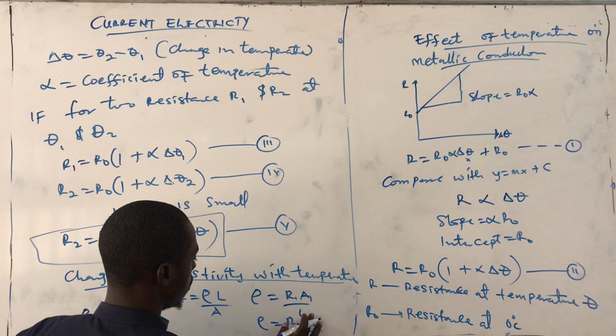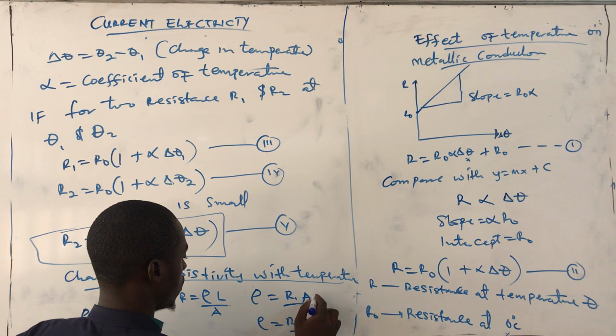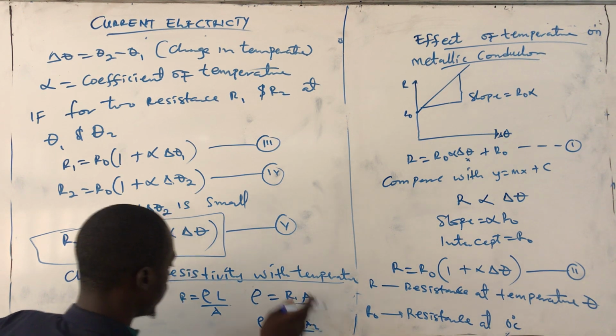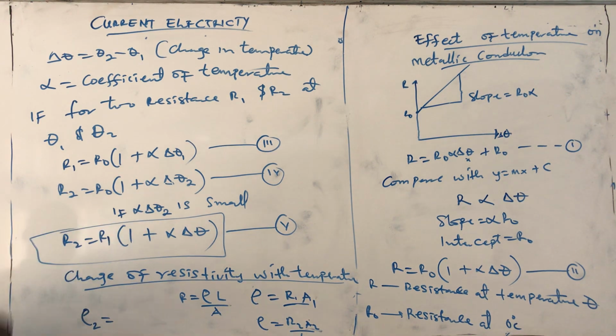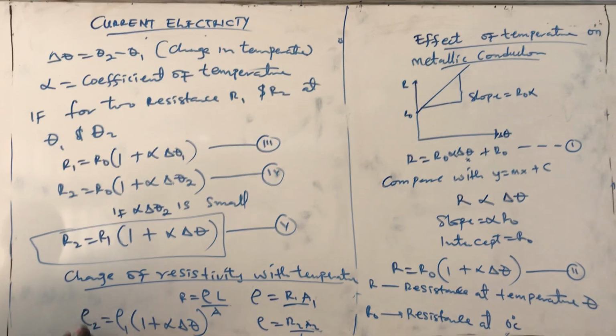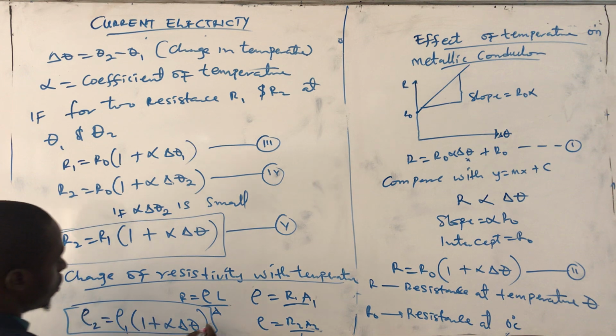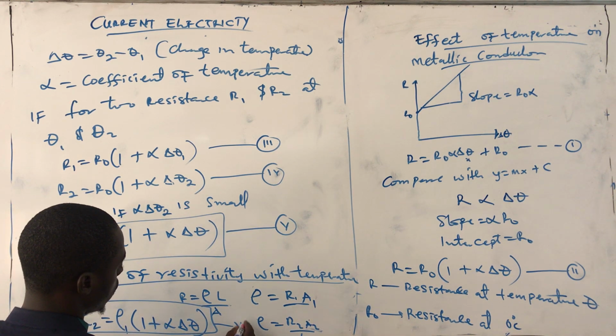If we solve this with respect to this, we are going to have something like this: rho 1 into 1 plus alpha change in temperature. Let's call this equation 6.